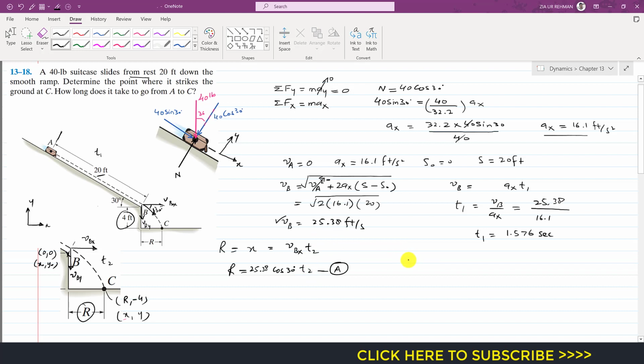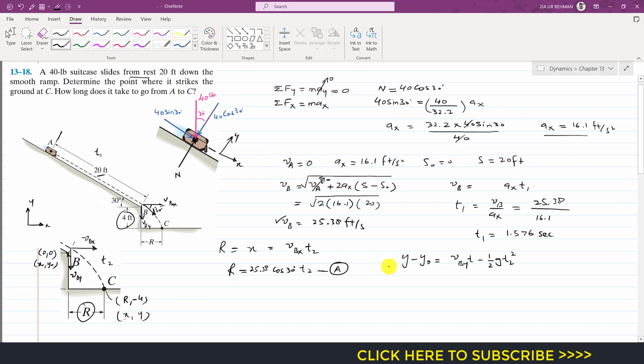So now another equation we can use is the equation for projectile motion in the y direction, that is in the vertical direction. So y minus y naught will be equal to VBY into T minus half g T2 squared.